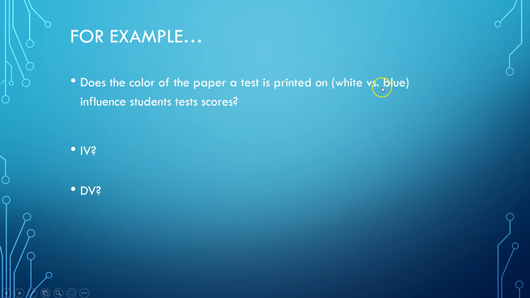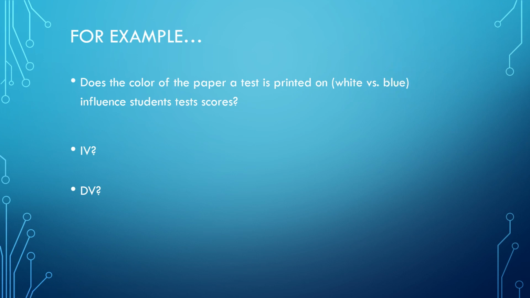But what if I found out that everyone who took the test on white paper was a senior in college, and everybody who took the test on blue paper were freshmen? Do you see that class standing now would be a confounding variable? Because do I know that people do better if they take the test on white paper versus blue paper?